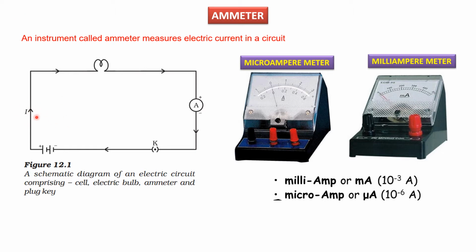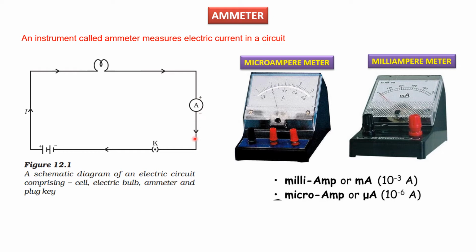In the circuit, you can see the ammeter. Here the battery is here, the key is here, the ammeter is here, and this one is the load. See, the ammeter is always connected in series to the circuit. This you should remember, very very important. Clear? The positive of the battery is always connected to the positive of the ammeter.